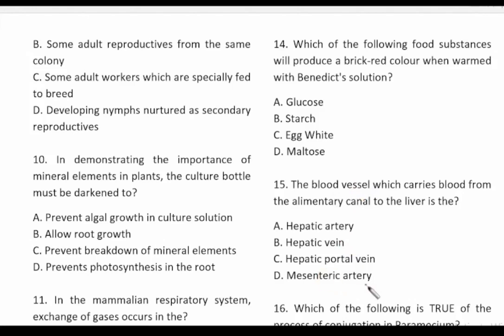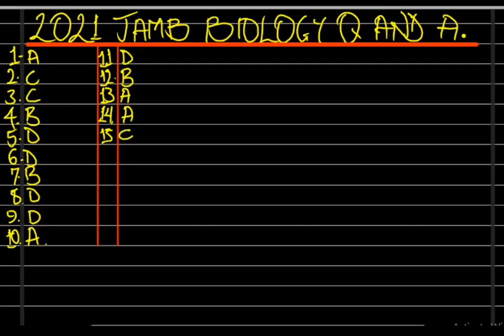When we talk about mesenteric artery, it carries oxygenated blood to the intestine. The answer that we are looking for here that carries this type of blood, which is blood from the digestive system to the liver, is the hepatic portal vein. That is the answer to this particular question. The portal vein or the hepatic portal vein, option C.